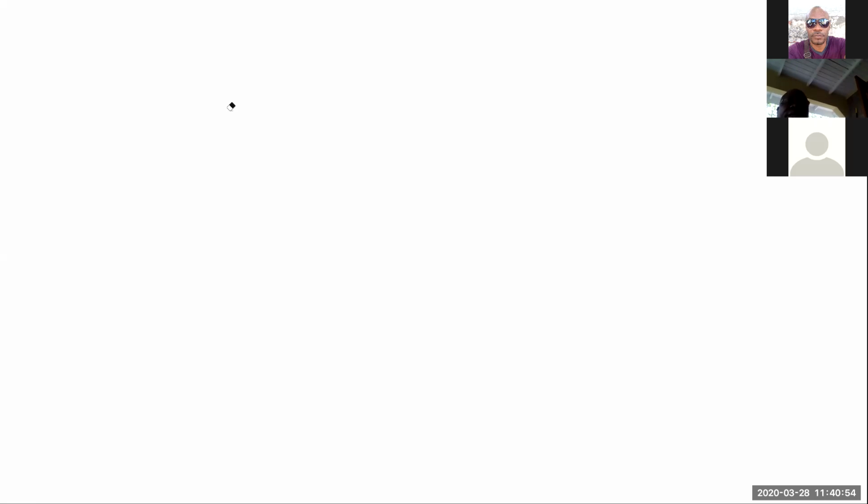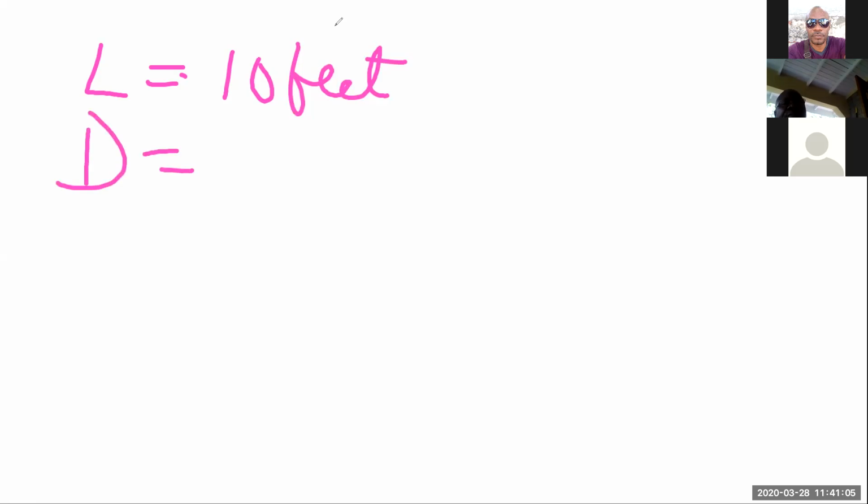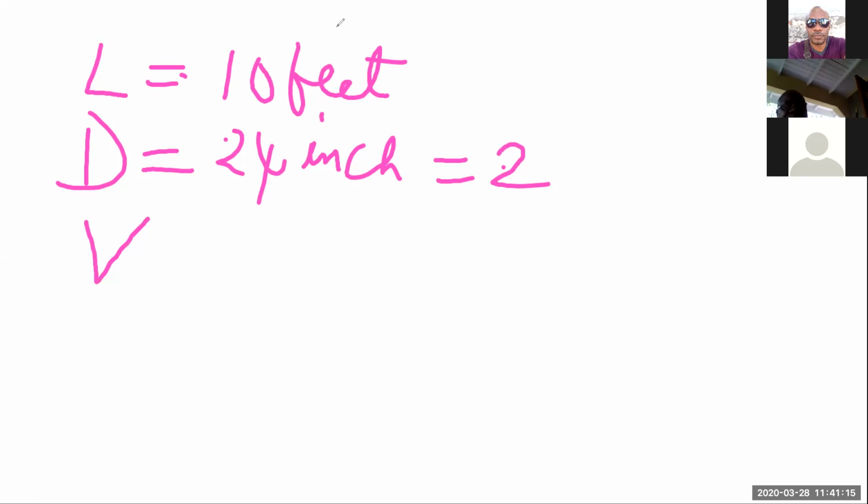If they said the length of pipe is 10 feet, and the diameter of the pipe is 24 inches, we know that is 2 feet. You could calculate the volume of water in that pipe, right? And I gave you the conversion just now.